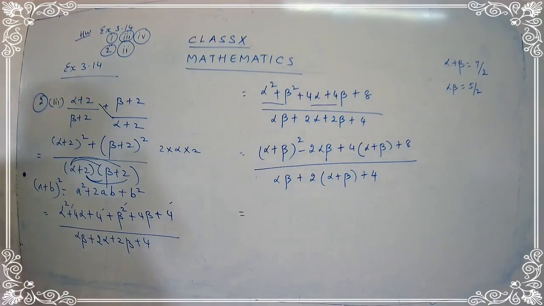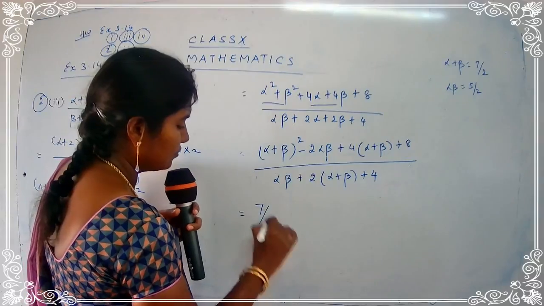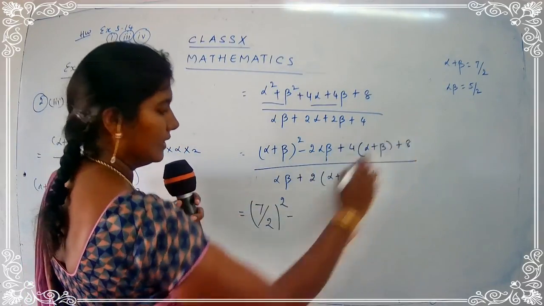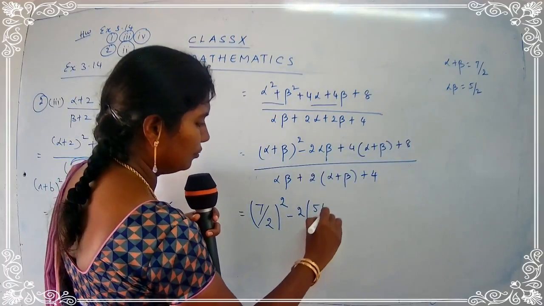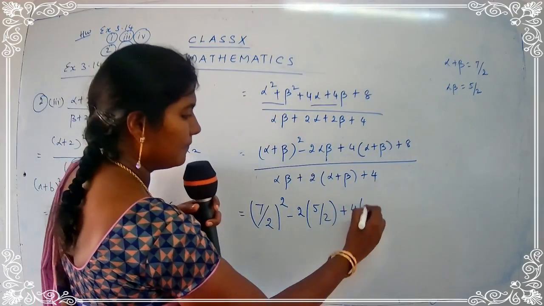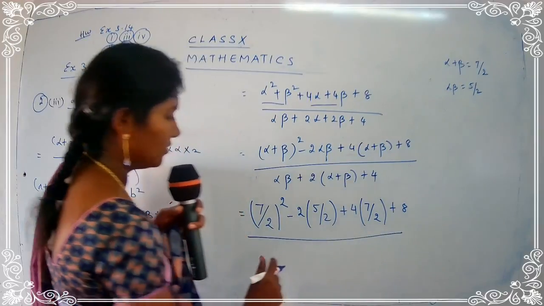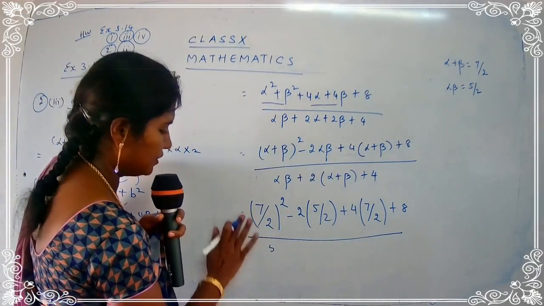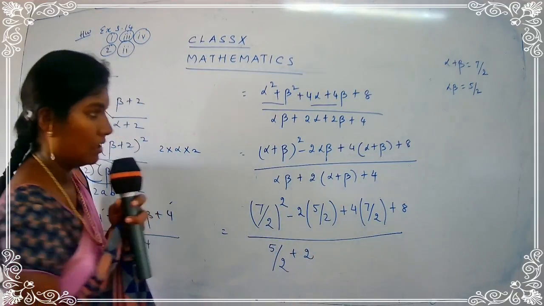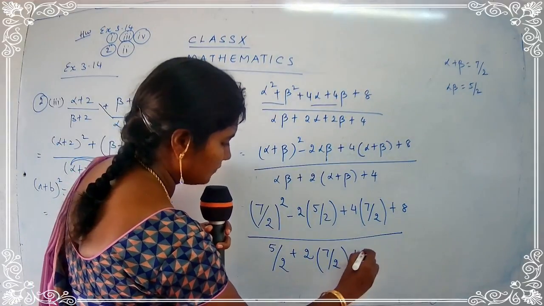Let's substitute the value. What is alpha plus beta? 7 by 2. So 7 by 2 the whole square minus 2 alpha beta, 2 into 5 by 2, plus 4 into alpha plus beta, 7 by 2, plus 8 upon alpha beta, 5 by 2, plus 2 alpha plus beta, 7 by 2, plus 4.